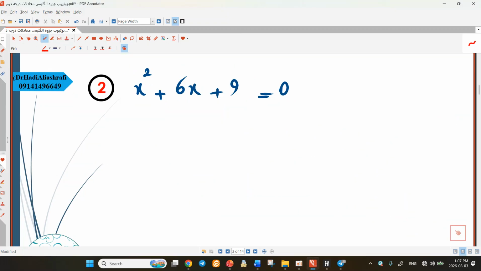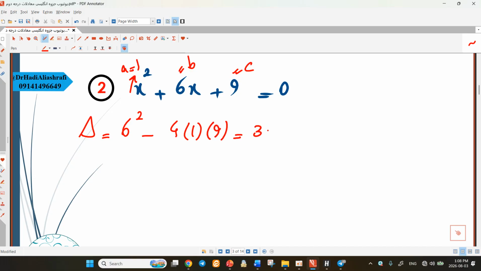Now we want to solve the second example. The discriminant is equal to 6 squared minus 4ac. What is a? A is equal to 1. B is 6 and C is 9. Okay? 36 minus 36 is equal to 0.